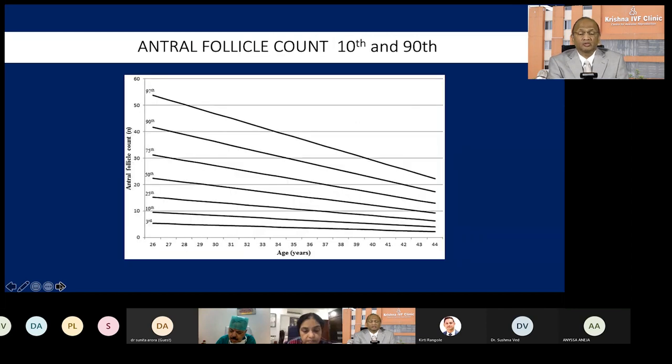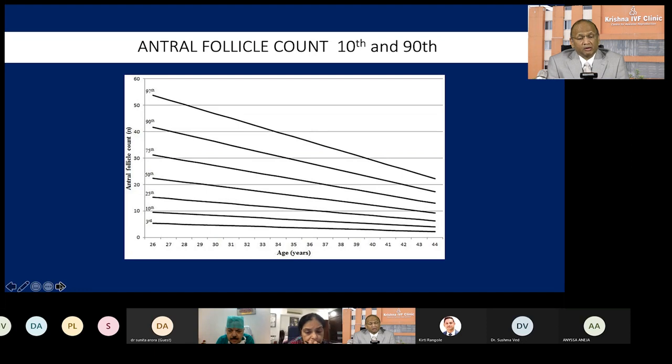Similarly, when you use this nomogram of the antral follicle count and then plan your dosage, then your stimulation protocol will follow. Most of the time we read somebody saying 150 units is the optimal dose, somebody saying 225, somebody saying 250 units.